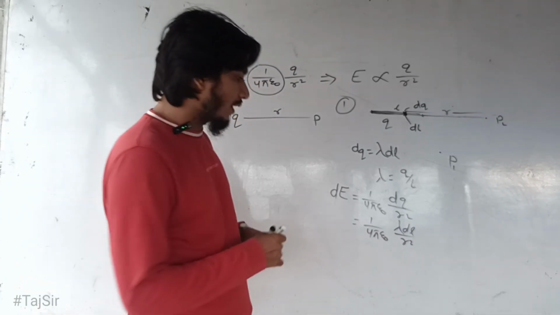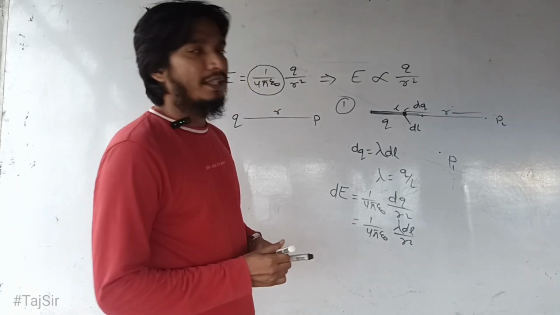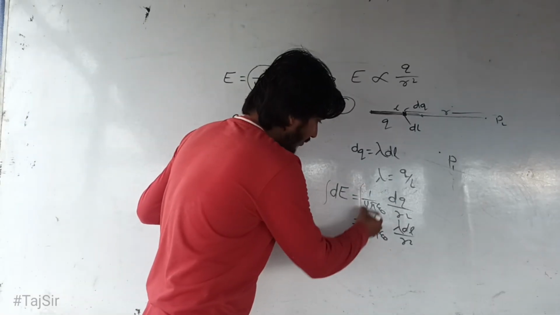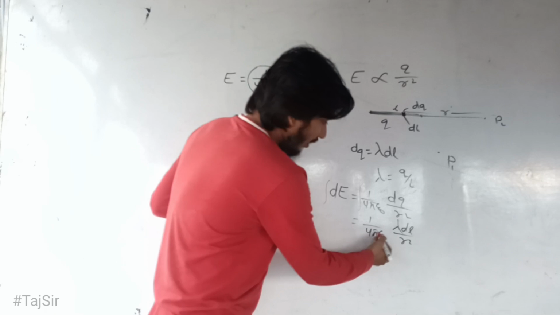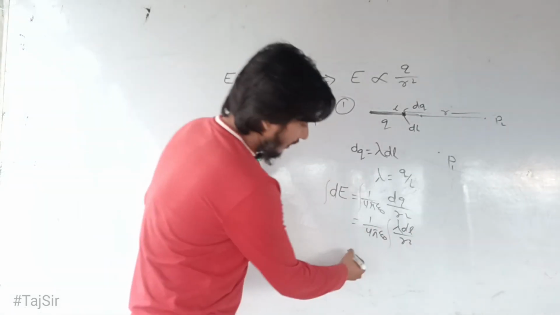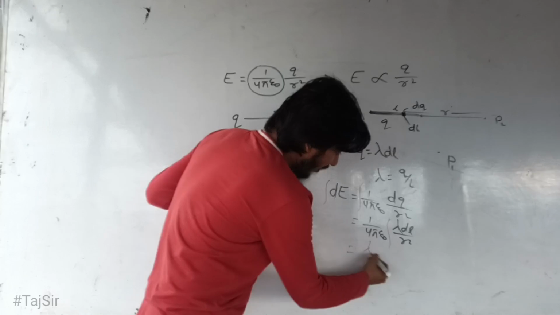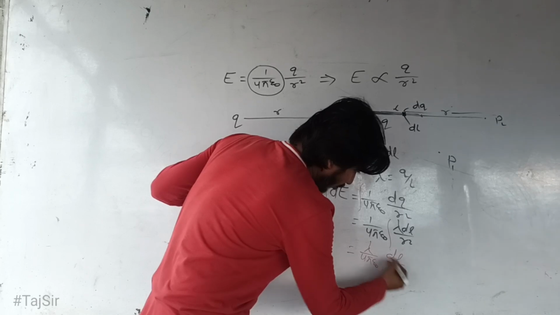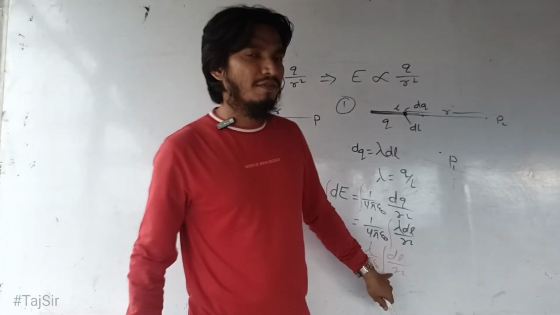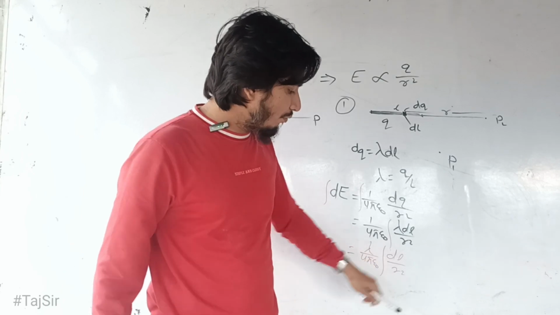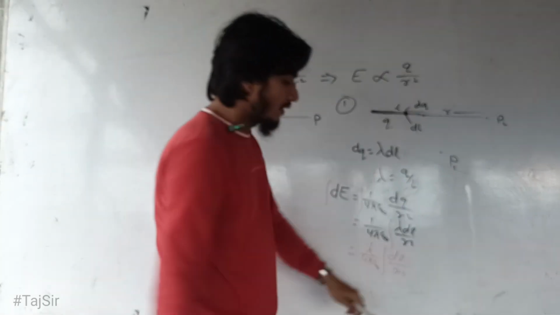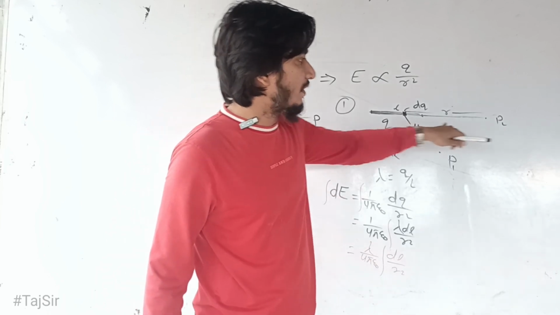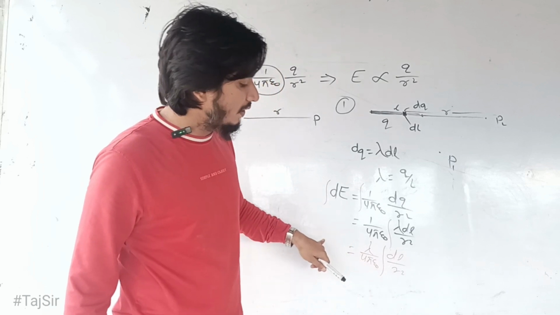So if we want to calculate the total electric field, then we need to integrate this expression, taking lambda out: lambda upon 4 pi epsilon naught, and we are left with dl by r square. This is a variable quantity, and if we can substitute proper values from the symmetry, then we will have the complete electric field.